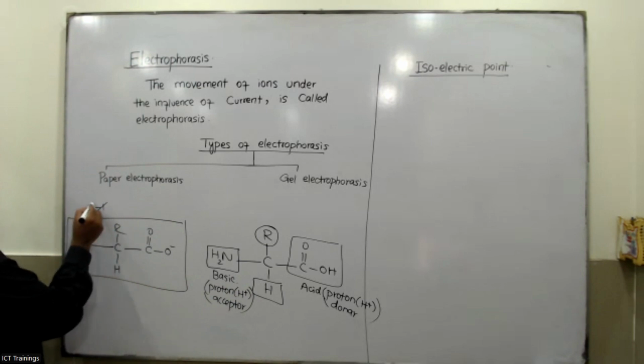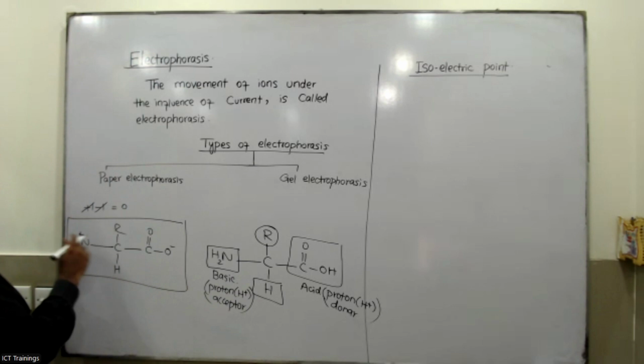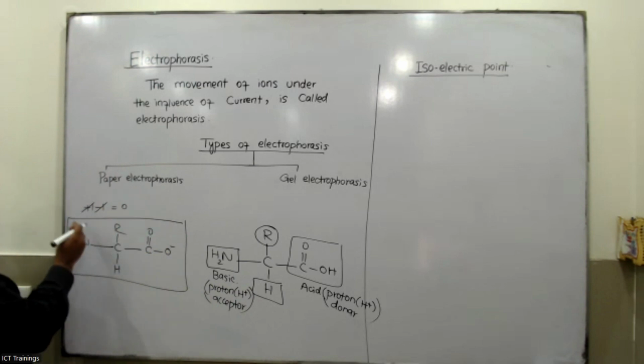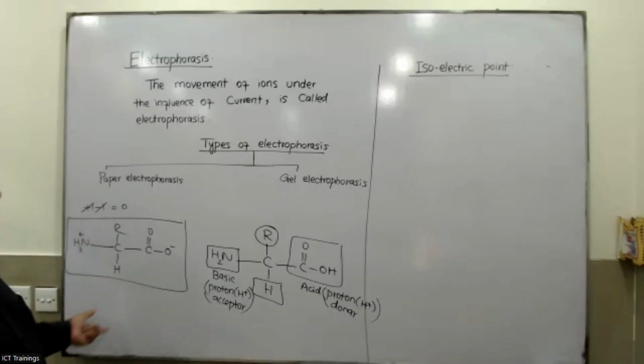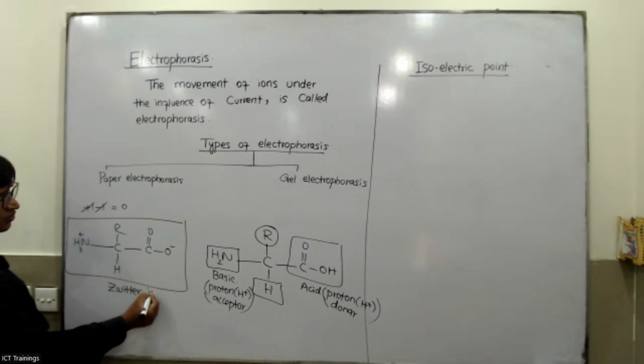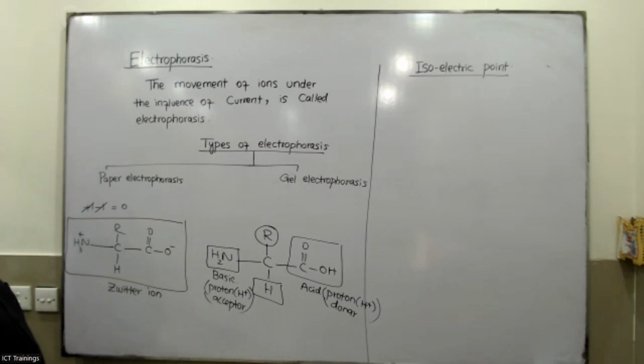If you cancel them, you get zero. So this whole thing as a whole is neutral, but still contains negative charge on one side and positive on the other side. That is why it is called the Zwitter ion. I told you the definition of Zwitter ion before when we did the amino acids.